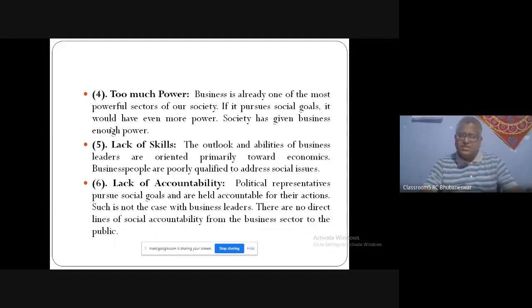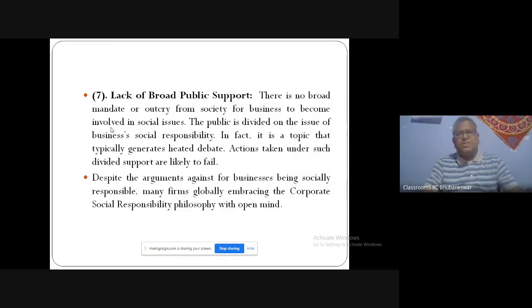It is also lack of accountability, lack of responsibility, which arises in business leaders too. And the last point is a lack of broad public support, with no broad mandate or outcry from a particular society. Sometimes people do not know about social responsibility, and how far MNCs invest their amount. These are some courses of action to be taken into consideration.